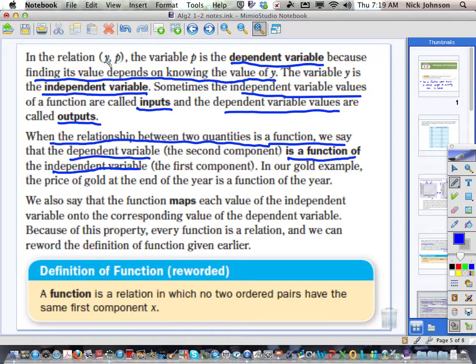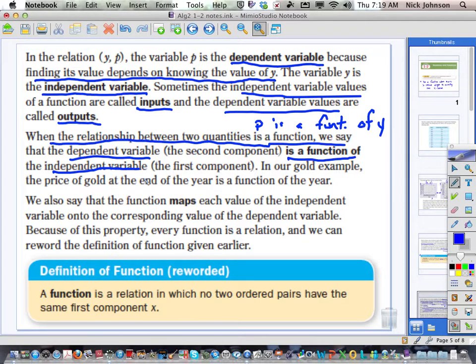So up here, we would say that p is a function of y. You say the dependent variable first, and you say the independent variable second. P is a function of y, so you have to watch how that's worded.